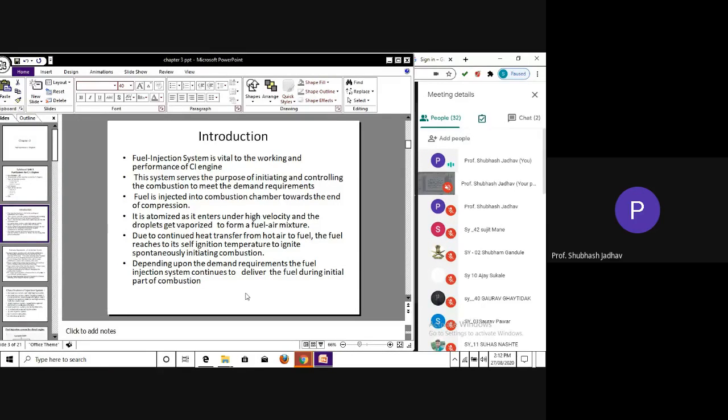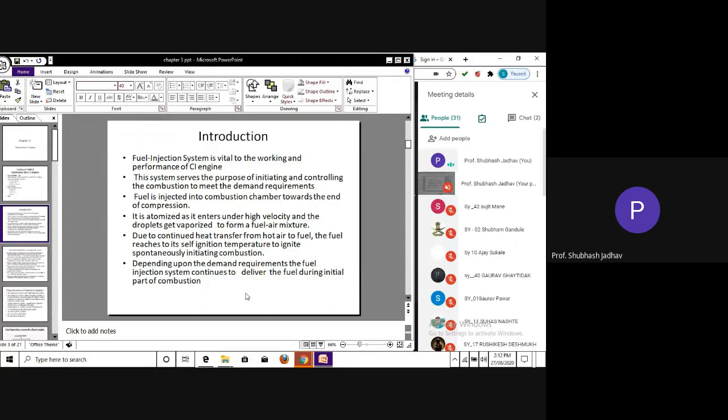So in that manner, we can say that CI engines are generally quality governed engines. In quality governed engines, the quality is going to change as and when required to change the power. That means whenever we have a lesser power requirement, we will be injecting less fuel into the combustion chamber, and therefore the mixture becomes leaner.